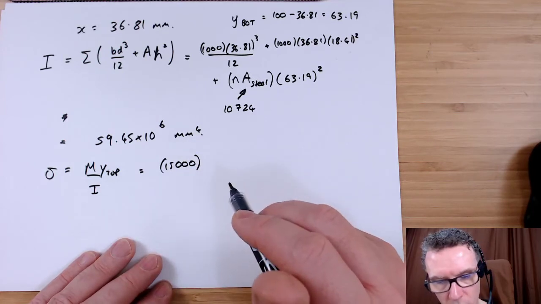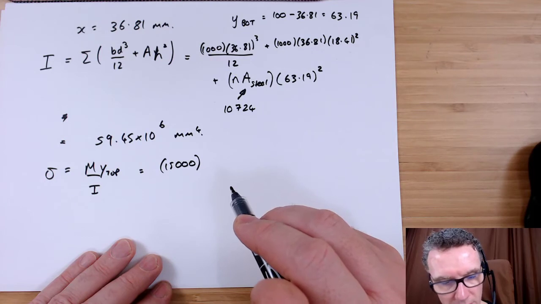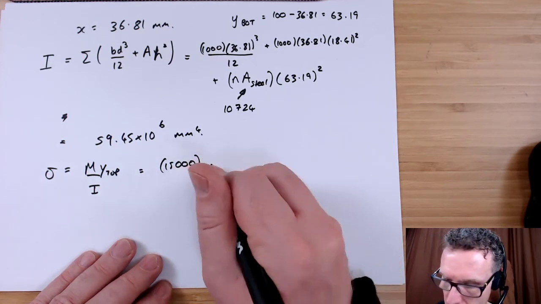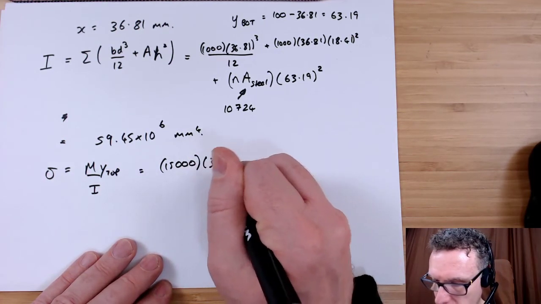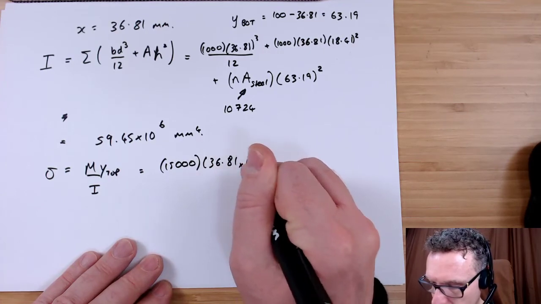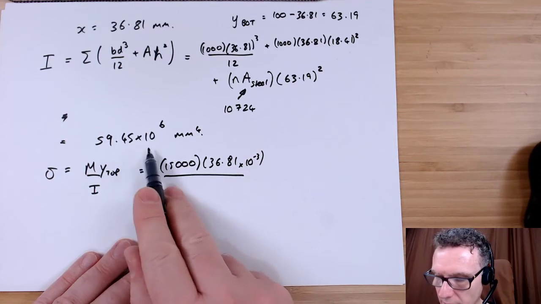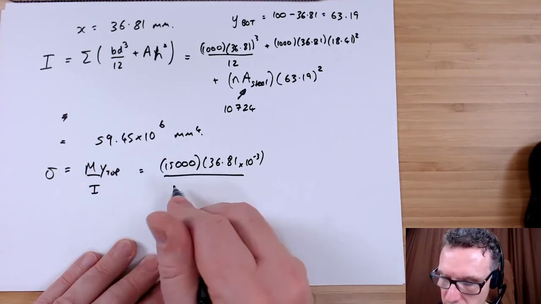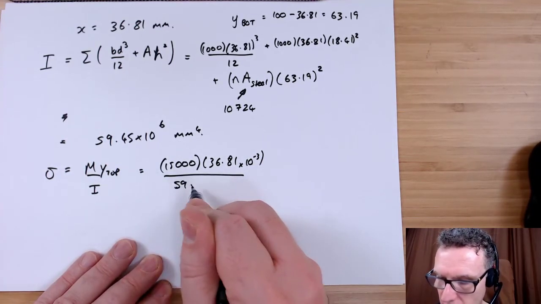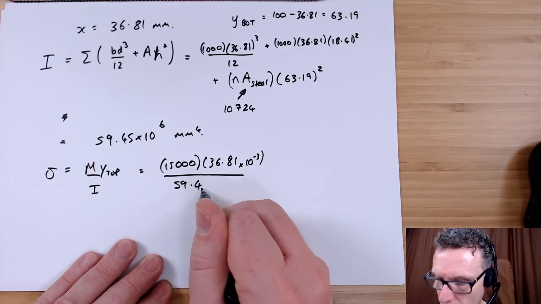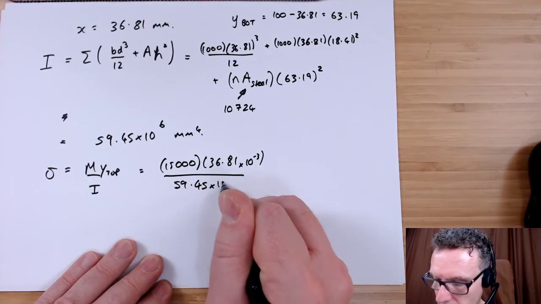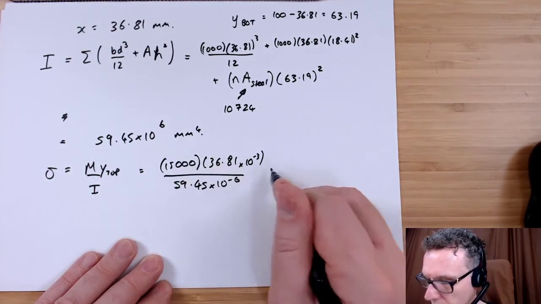The y to get to the top is going to be the x value, so that's 36.81 times 10 to the minus 3. And the I, we'll convert that into meters, easy enough. 59.45 times 10 to the minus 6. Make the 6 into a minus 6.